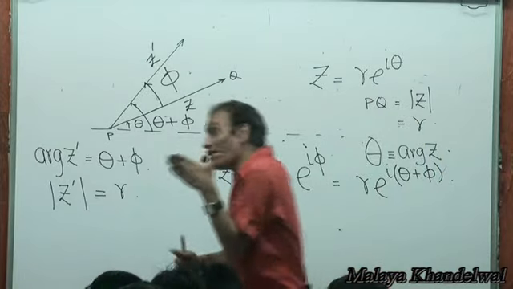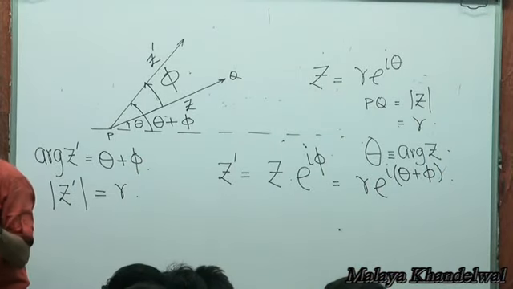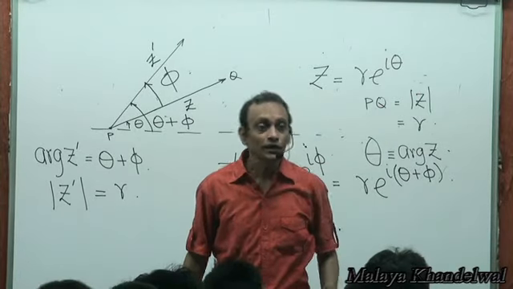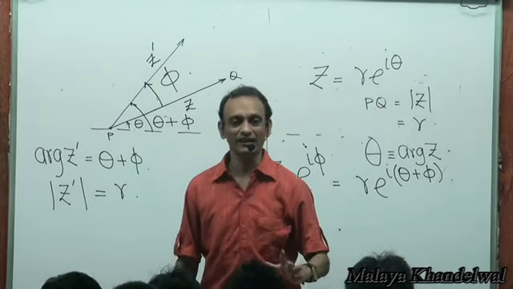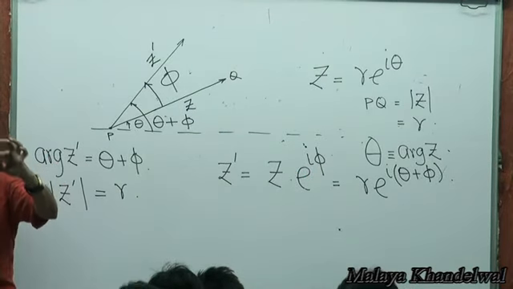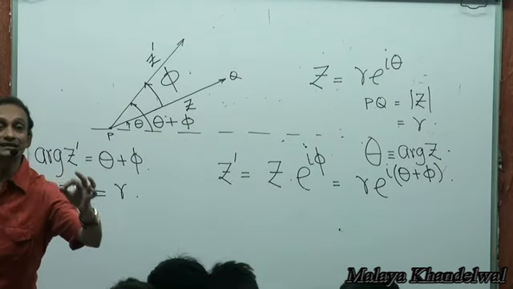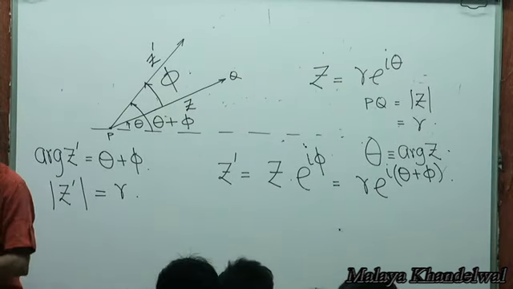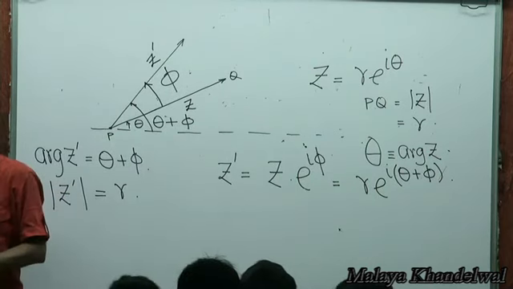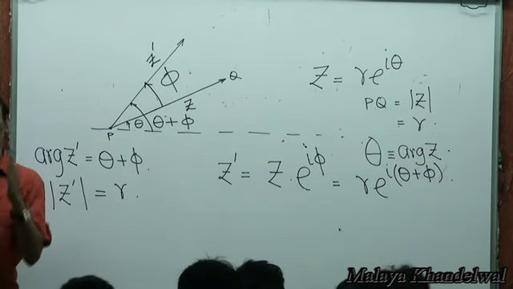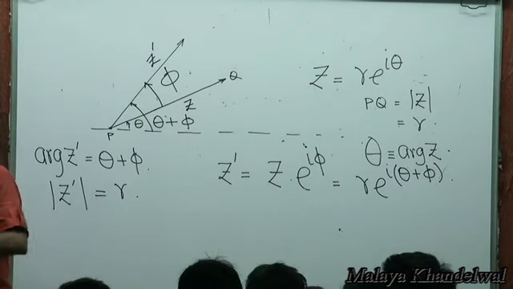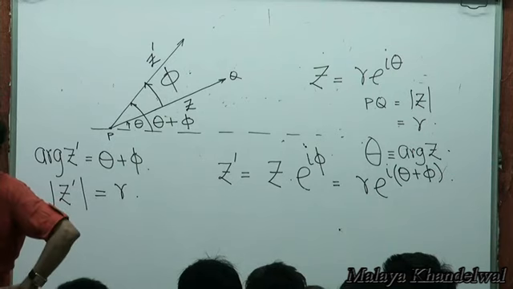That means e power i phi is such a convenient operator. Given any vector z, if you want to rotate that vector by phi, you multiply it with e power i phi. Multiply it with e power i pi by 2, that vector would rotate by 90 degrees anti-clockwise. Multiply it with e power minus i pi by 2, it would rotate by pi by 2 clockwise.